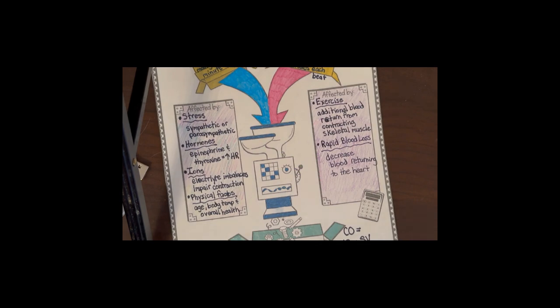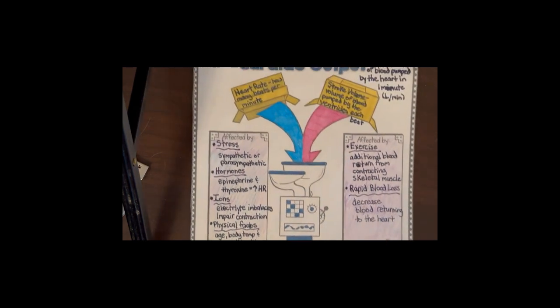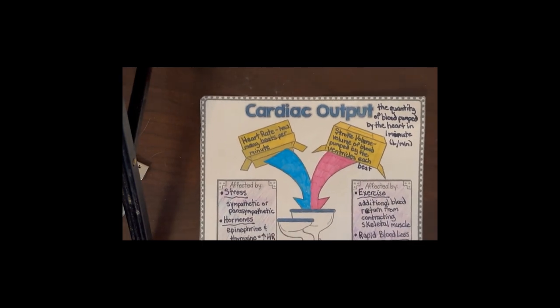And so, like I said, that's one that hopefully you don't ever have to deal with, but it is one to know about. So hopefully this helps you a little bit when it comes to the concept of cardiac output.